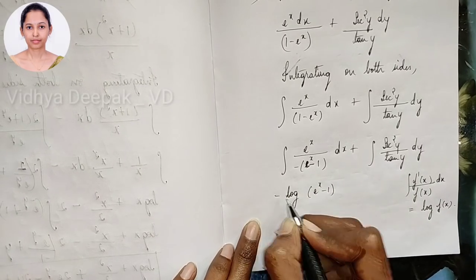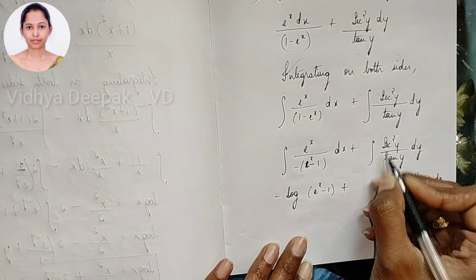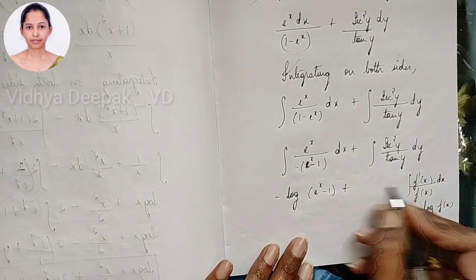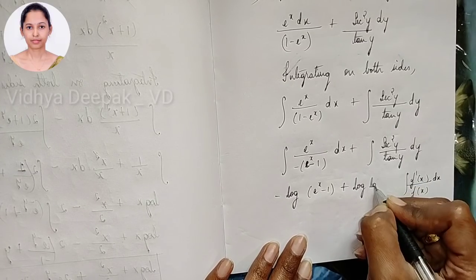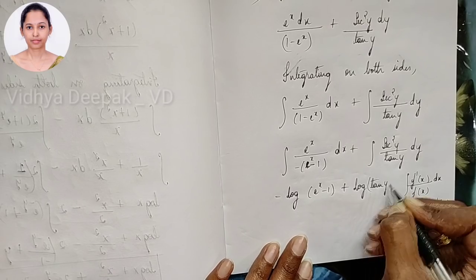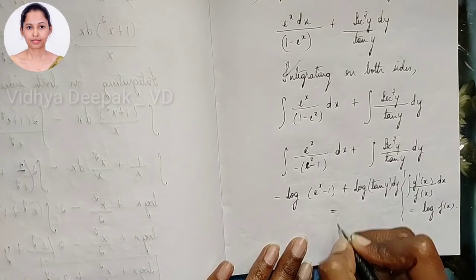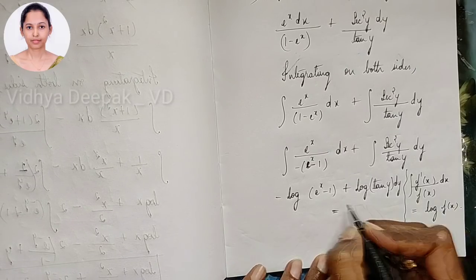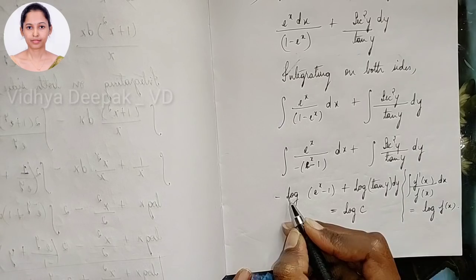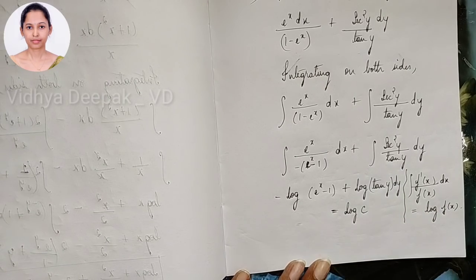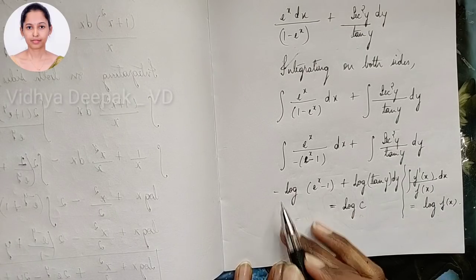This minus is remaining, so I am keeping that minus aside, plus the integral of this is again in the same form, so log of f of x is log of tan y, is equal to, I'll take the integration constant as log c since we have log for both the terms here. What is the formula for log m minus log n?